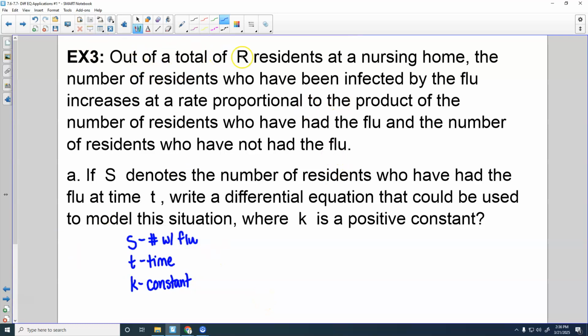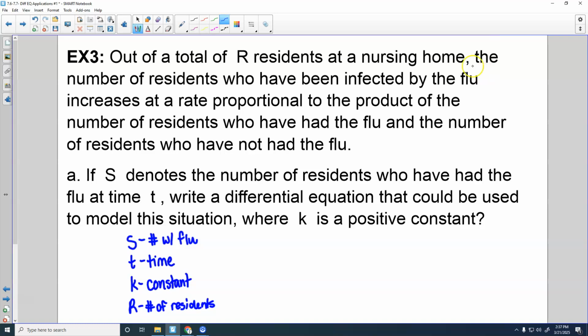So you're basically reading this and interpreting. It says out of a total of R residents, well, I should probably say capital R is the number of residents here. So out of a total of R residents at a nursing home, the number of residents who have been infected by the flu increases at a rate proportional to the product of the number of residents who have had the flu and the number who have not had the flu.